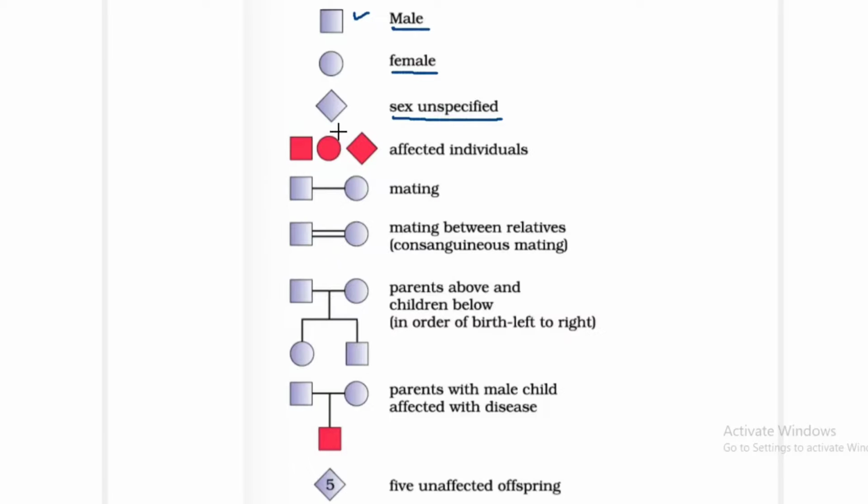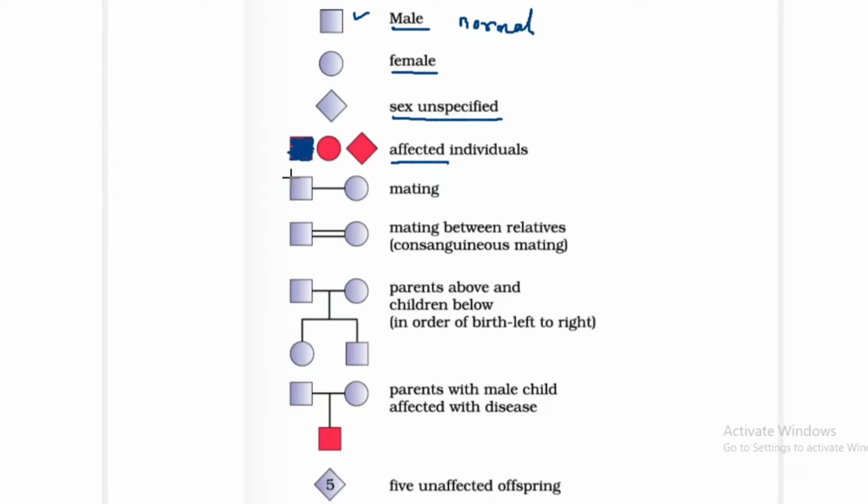Like that, the blank ones are the normal ones, while these colored ones, if the void is filled, not only this red color, it can be black color or any color, these colored ones are the affected individuals. Affected individuals are shown in filled colors, and these blank ones are normal.